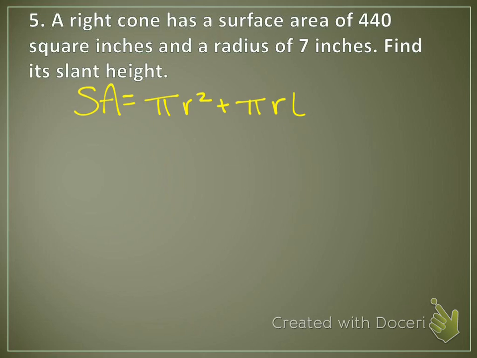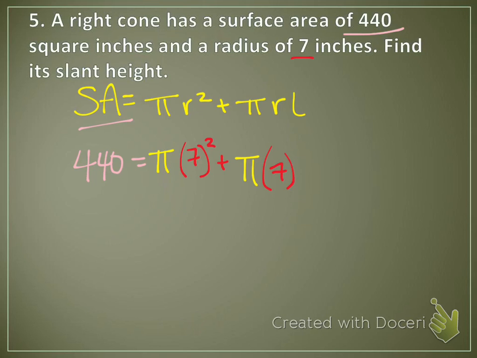So we'll start with the surface area. What is the surface area? 440 equals, then we have pi times the radius, which is 7, squared, plus pi times the radius, which is 7 again, and then times L, we don't know it.